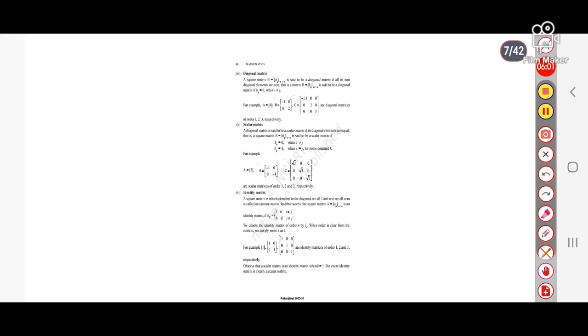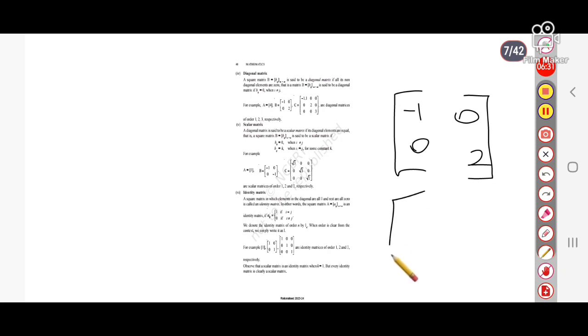So they are considering a 2 cross 2 matrix, for example minus 1, 2, over here 0, 0. A matrix is said to be a diagonal matrix if its non-diagonal elements are 0, right? If the non-diagonal elements are 0, then it is said to be a diagonal matrix.